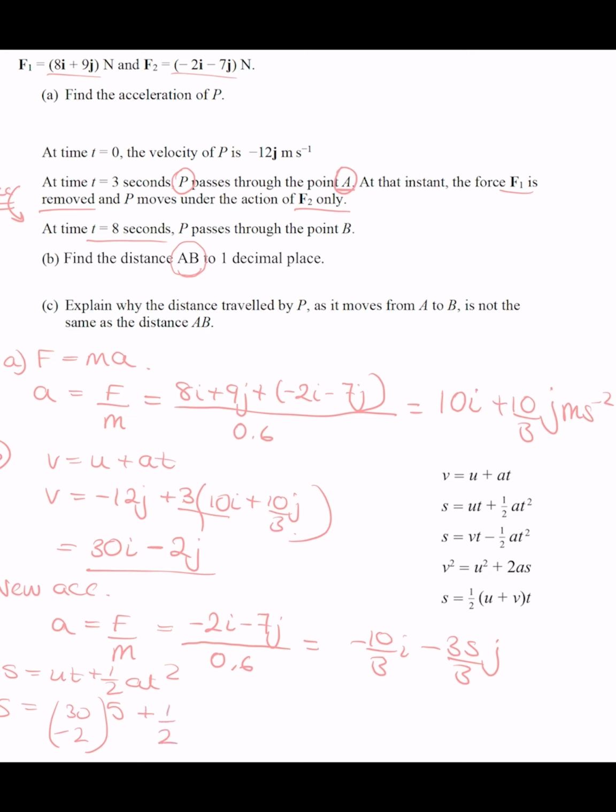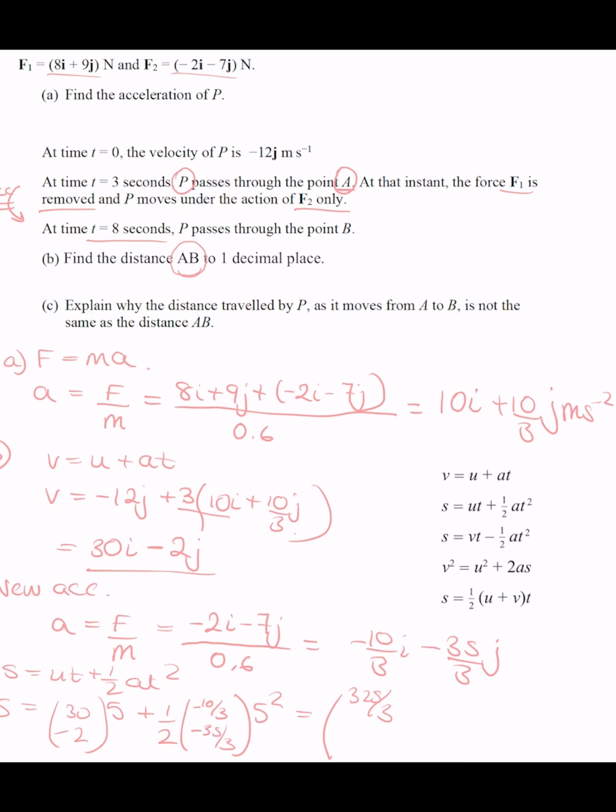I'm going to write it this way around because it's easier to sort the numbers, and because I made the question up, the numbers probably don't come out very nicely. So we end up with 30 times 5 plus 0.5 times minus 10 over 3 times 5 squared, which is 325 over 3.